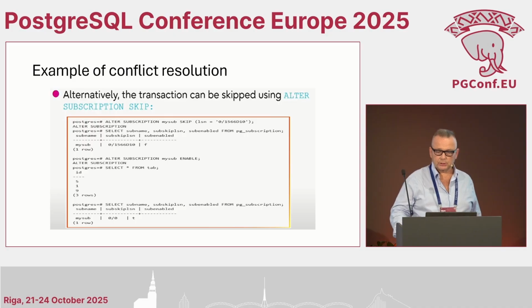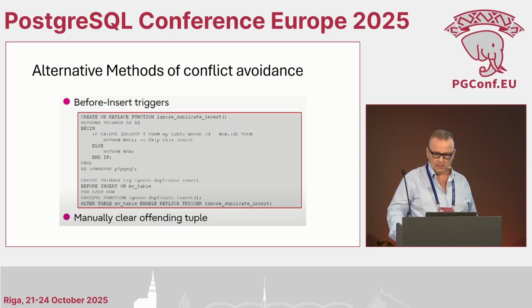As mentioned, since 15, we could have got the same outcome if we'd skipped the failed LSN using the subscription skip. And obviously, there's no manual LSN calculation that could have gone awry.